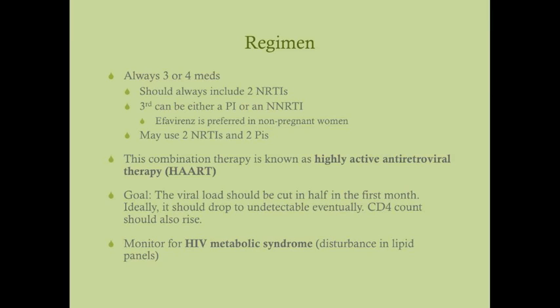We can also use a 4-medication regimen, and in that case we would use 2 NRTIs and 2 protease inhibitors. Now, what we call this therapy when we're using multiple drugs to treat HIV is known as highly active anti-retroviral therapy, or HAART.